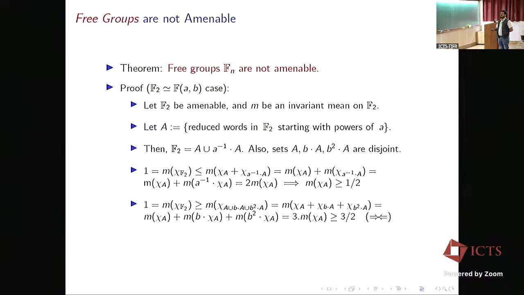And that splits, and then we get the mean of chi A, B times chi A, B square times chi A. But this mean is invariant under the F2 action. So all these are the mean of chi A. So we get 3 times this, and that leads us to a contradiction. So this shows that free groups are not amenable.